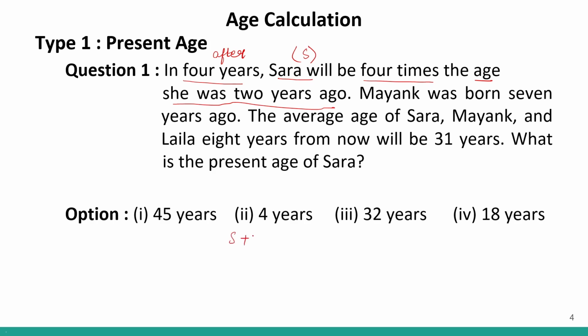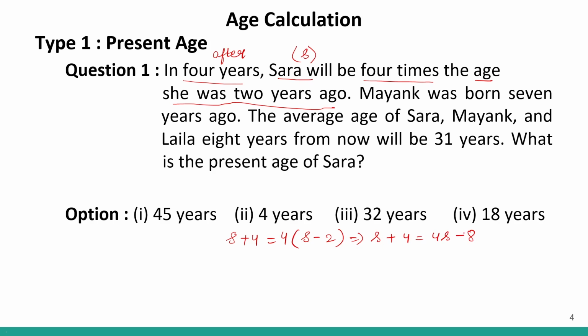So Sarah plus 4 will be equal to 4 times the age she was 2 years ago. So Sarah minus 2. So in this equation, we have only one variable, which is Sarah, right? So I am taking small s to avoid confusion between s and 5, because my s and 5 look the same. s plus 4 equals 4 times s minus 2. So if I open the bracket, it will be s plus 4 equals 4s minus 8.